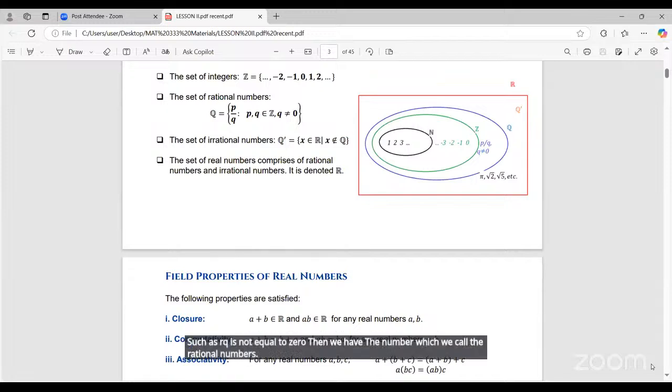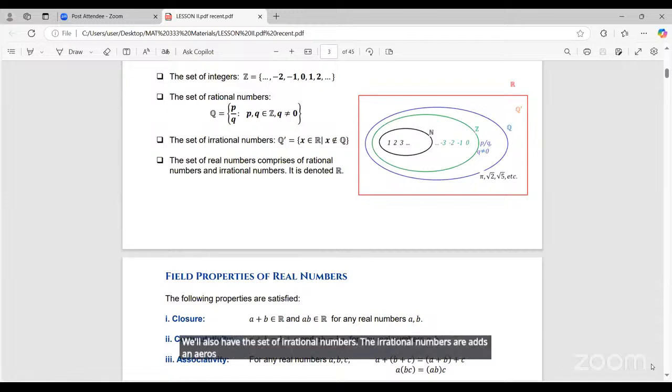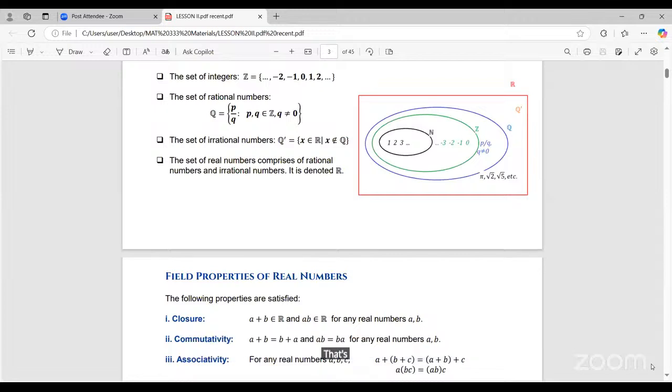We also have the set of irrational numbers. The irrational numbers are x in R such that x does not belong to Q. All other numbers in the real numbers except those that belong to what? The rational.